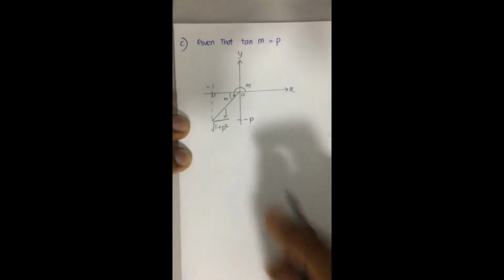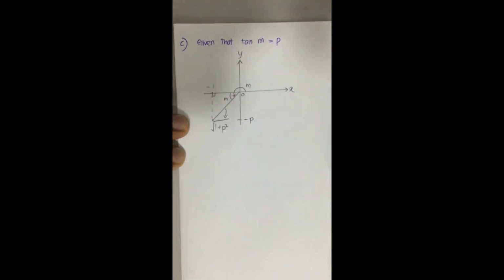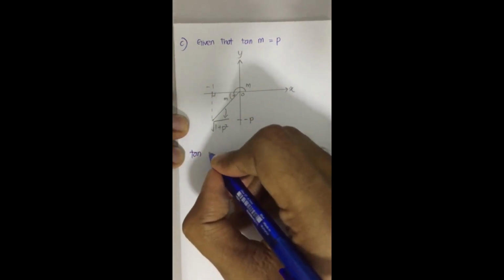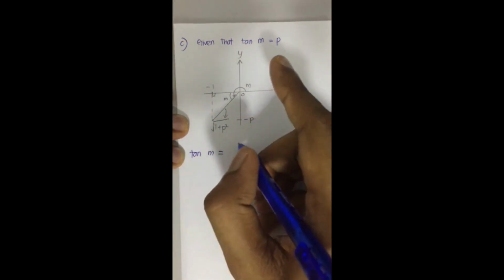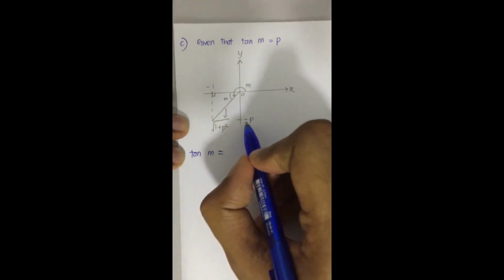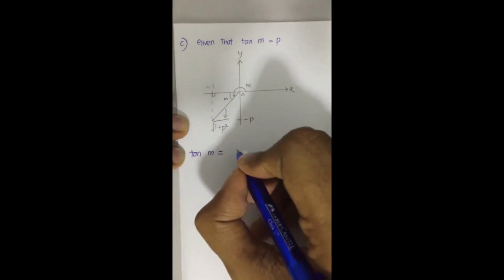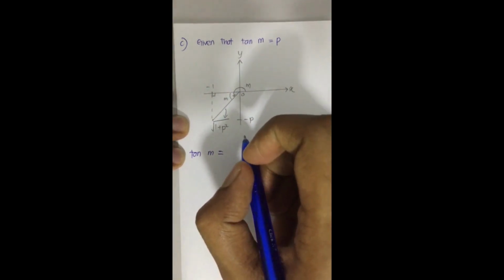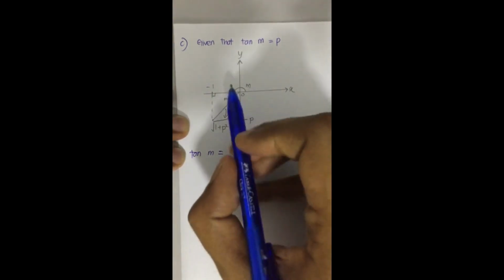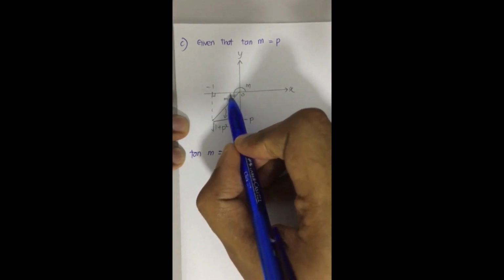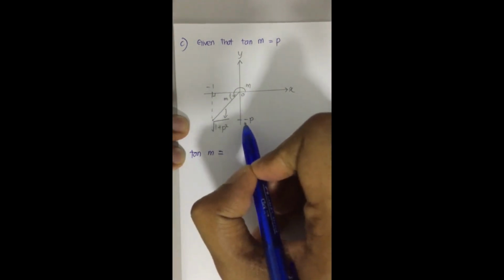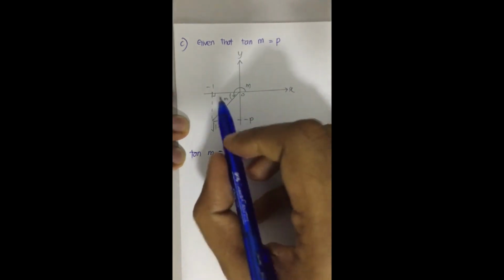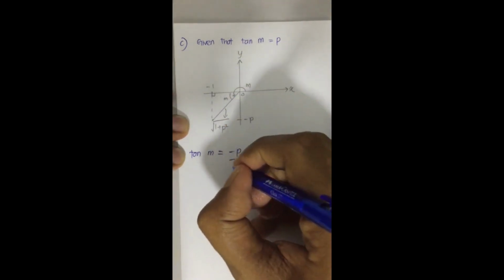Okay, so let us proceed with our discussion. Tangent M as given by the question equals P, but we can also prove it directly using the triangle method, which is opposite over adjacent. The opposite of this angle is the vertical distance, in this case negative P, divided by the adjacent, negative 1.